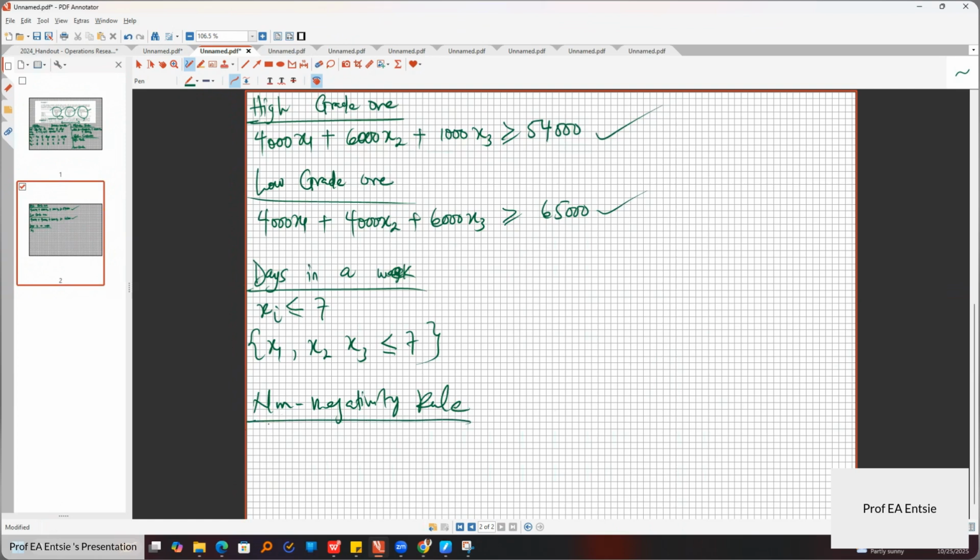The number of days xi cannot be a negative value, you cannot have negative 2 days. How can the number of days be less than 0?